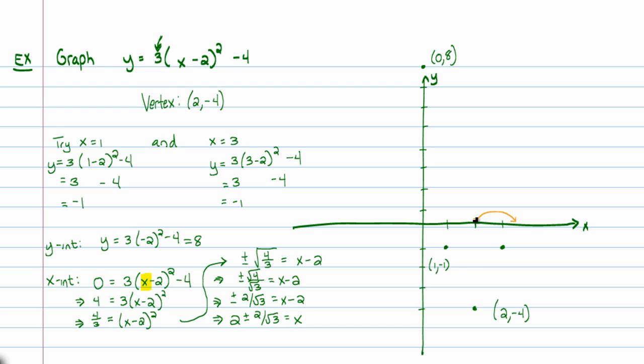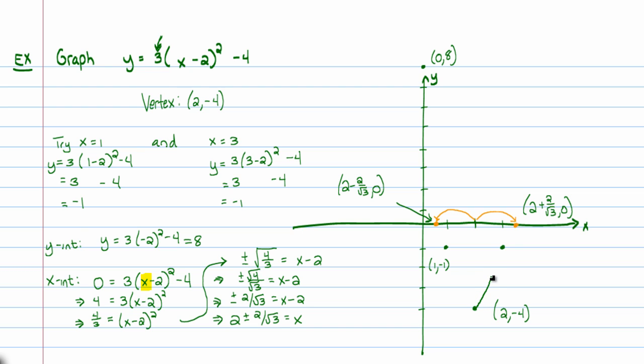And the other one starts at 2 and goes minus 2 over root 3. Something like right there. You can plug these into a calculator to find the actual values, but I'm just going to say they're right about there. And now I can connect everything up. And I have all of my values. This is 2 plus 2 over root 3, comma 0. And this x-intercept is at 2 minus 2 over root 3, again, comma 0.